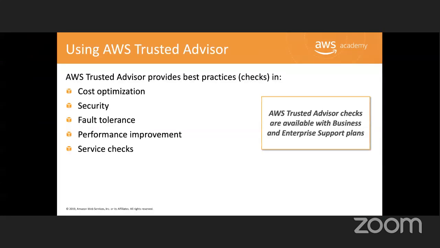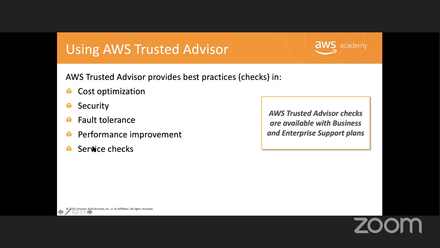AWS Trusted Advisor. We know this already, right? AWS provides best practices through Trusted Advisor in cost optimization, which is the pillar that we're talking about. This is what helps you save money. Security, fault tolerance, performance improvement, and service checks.